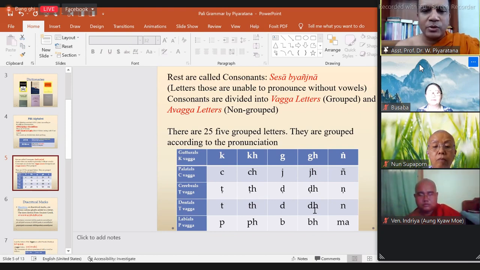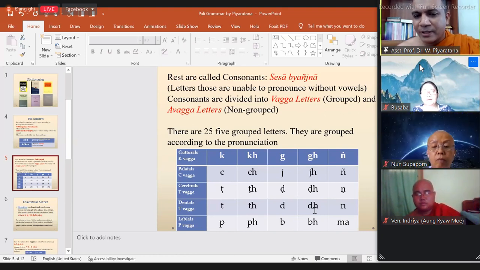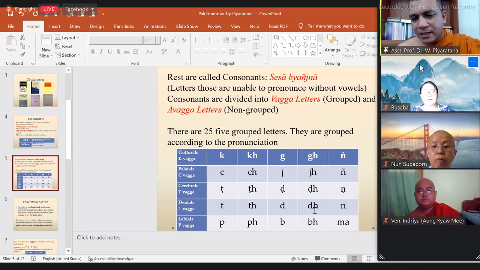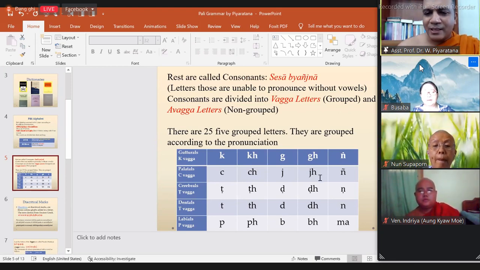Aghosa means soundless, and another group we call ghosa, the letters with sound. That means when you pronounce ga, ja, da, da, ba, gha, jha, dha, dha, bha. So the last 5 letters we call nasal.